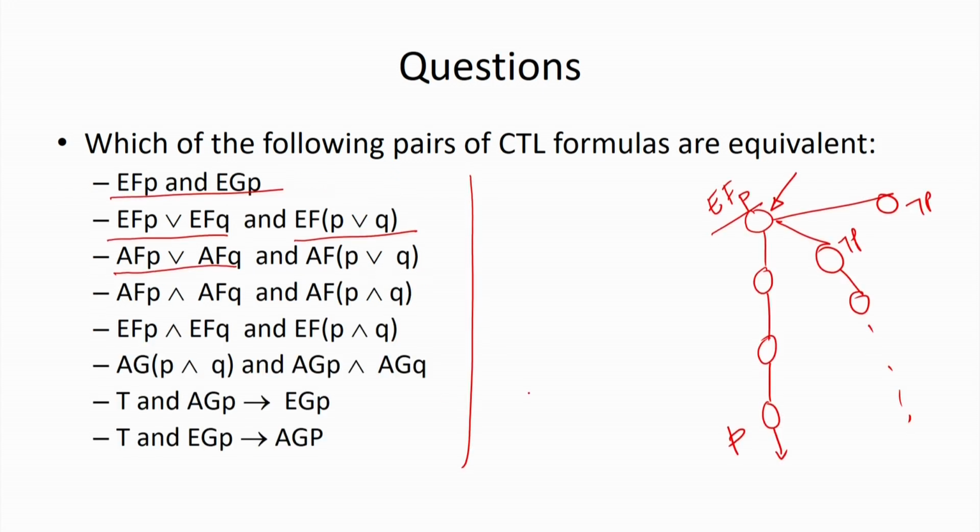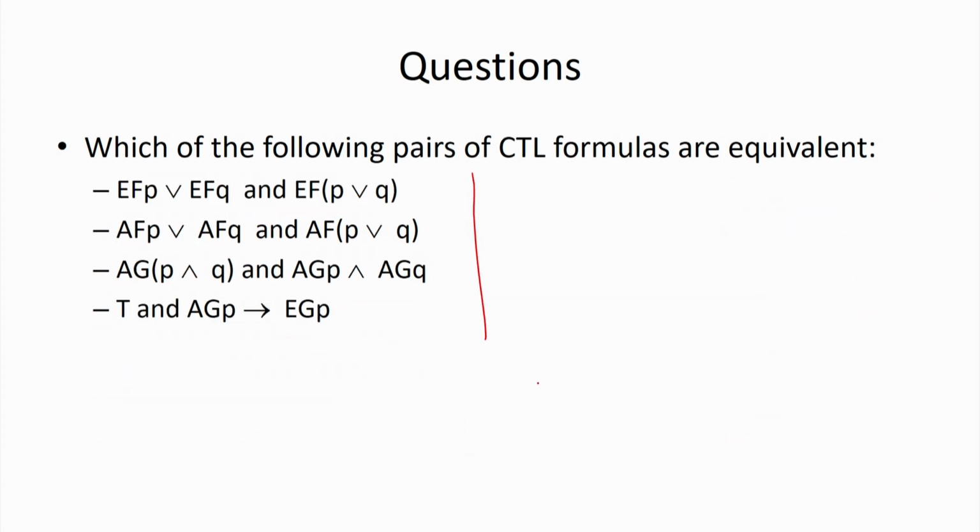So, here I am writing some formulas, but I am picking up some smaller set over here. If you now try to look into those particular formulas, you will find that these formulas are equivalent. Now, what I can say for the first one: either p is true over here, then what will happen?